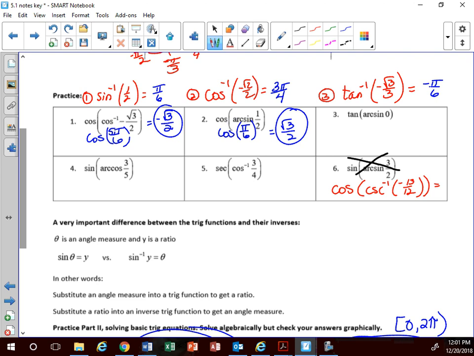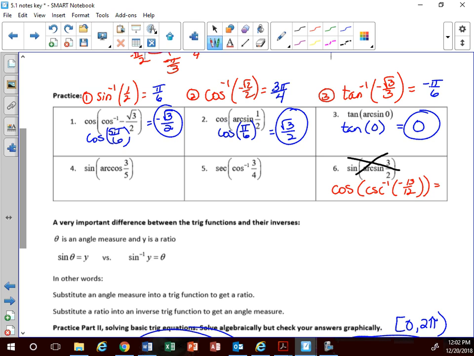All right, tangent of arc sine of 0. So where does sine equal 0? 0, okay. And what is the tangent of 0? 0, okay, good. Okay so far?